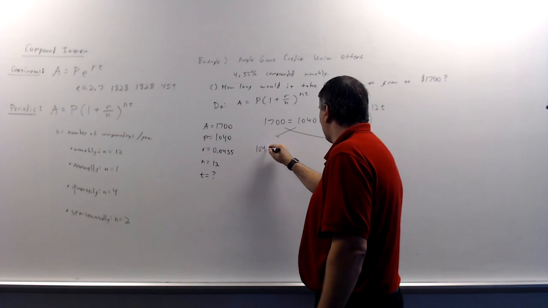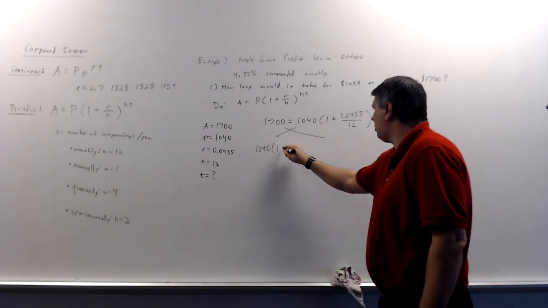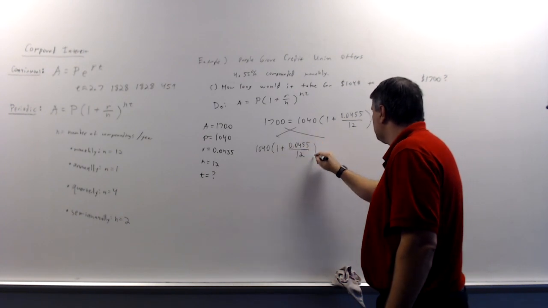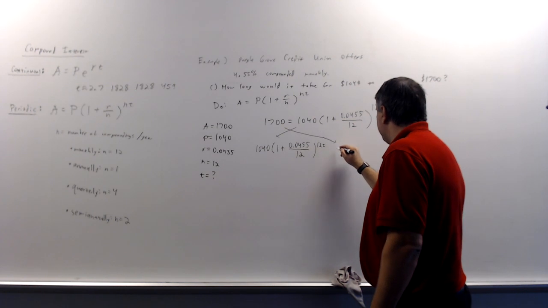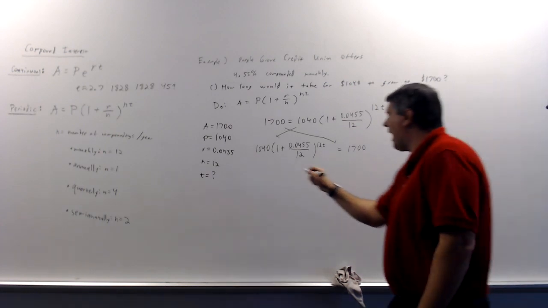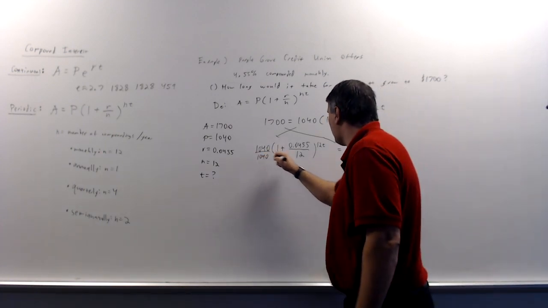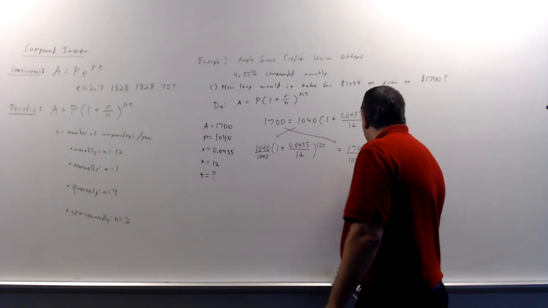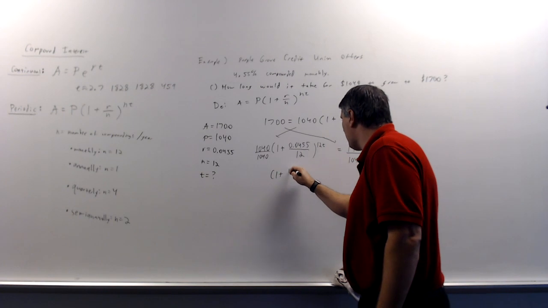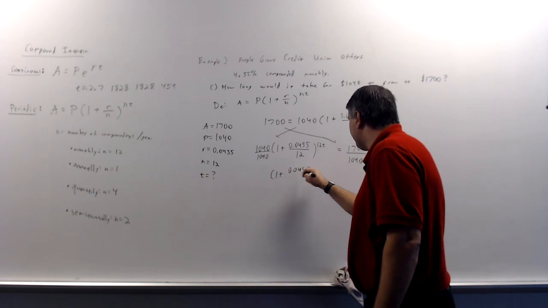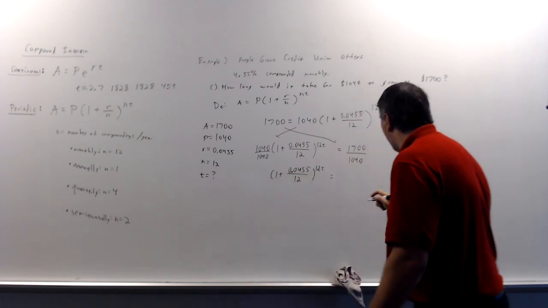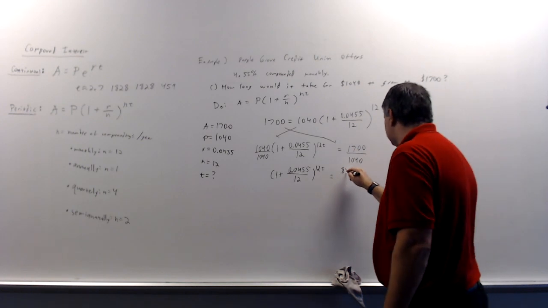So 1,040 times 1 plus 0.0455 over 12 to 12t power equals 1,700. Okay? I will go ahead and divide off this 1,040, and I'll reduce, although you don't really need to reduce. Okay? So 1 plus 0.0455 over 12 to 12t power. I'll reduce this to 85/52.